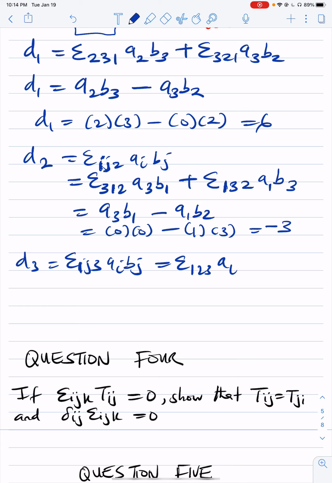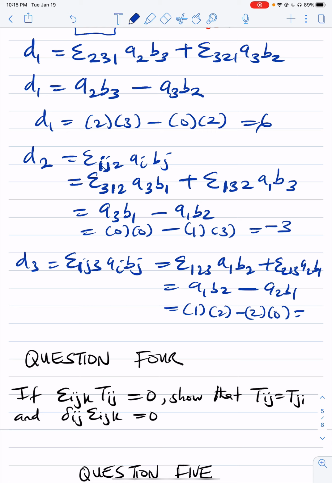So A1B2 plus 2, 1, 3, A2B1, right? So equal to A1B2, 1, 2, minus, let me not jump that step, A1B2, and 2, 1, 3 is a negative permutation, A2B1, right? To give us 1 times 2 minus 0 times 2.